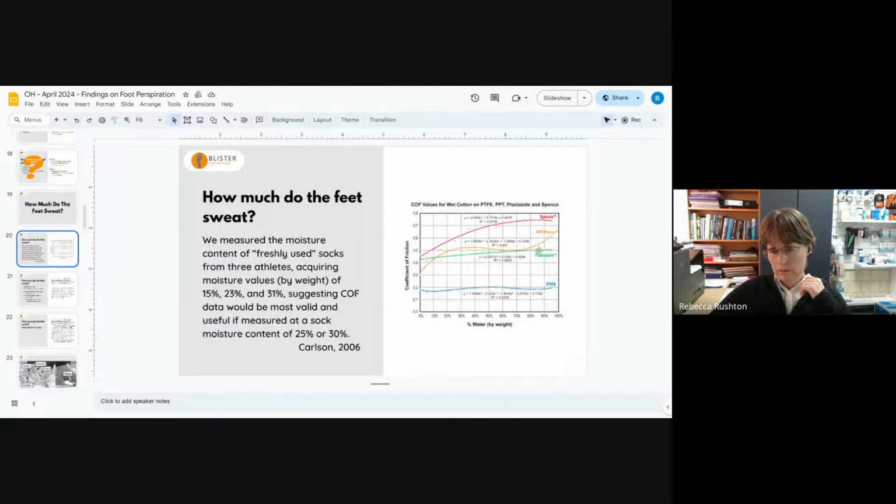Plastazote is relatively stable at around 0.45 to 0.5 coefficient of friction, and Spenco increases for the first half and then kind of levels off for the second half. Now, we know that Spenco has a good blister prevention effect.